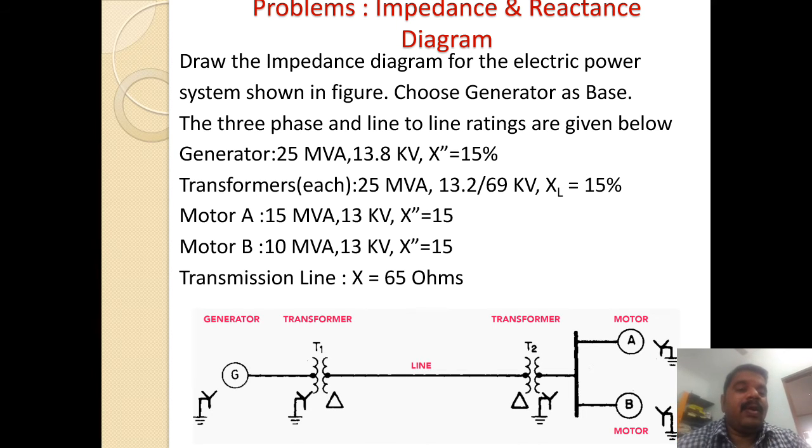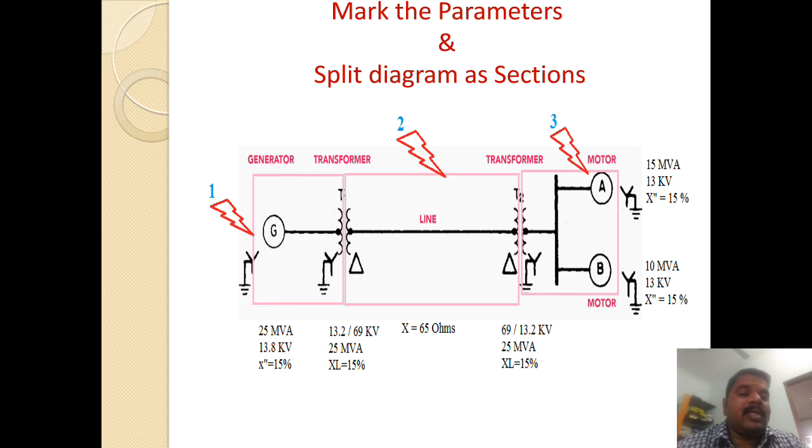So what value do we have to choose? For the transformer T1, which one do we choose as the primary value and which as the secondary value? The generator value is 13.8, so what is the primary value? Surely you have to choose 13.2. Why do we choose 13.2 as the primary?